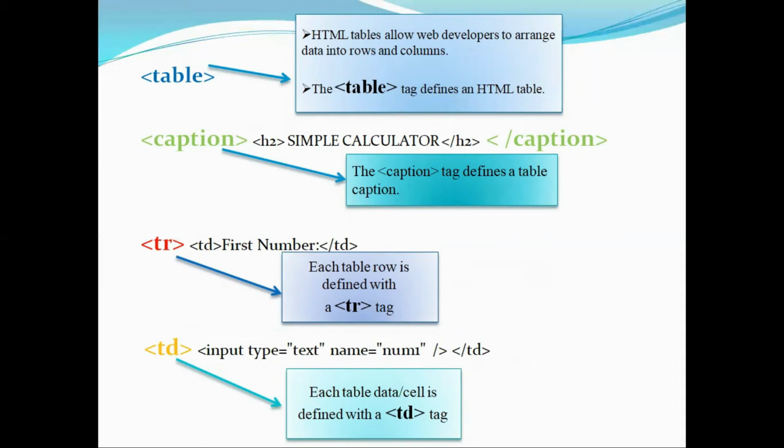The first table cell value is the first number. As I said earlier, here we need to perform the basic operations. In order to perform these basic operations, we are considering two inputs, the first number as well as the second number. To specify the first number, we are giving a label to the table cell called first number.